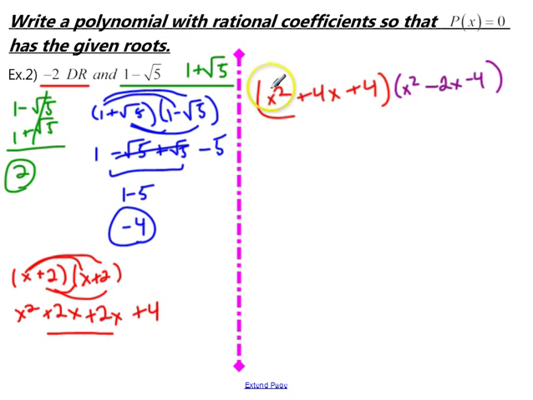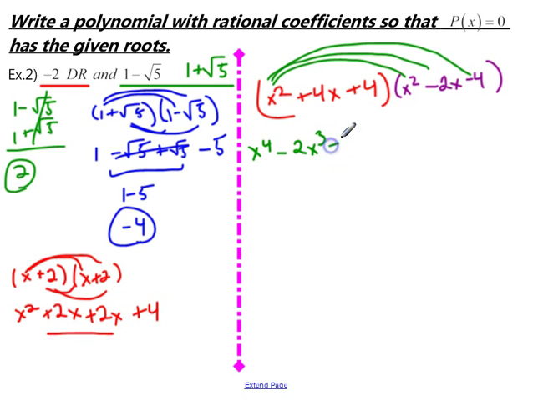So let's take this x squared term and multiply by each of the terms here. So we have x to the 4th, and then minus 2x cubed, and then minus 4x squared. And then we'll take the second term and multiply by each one.